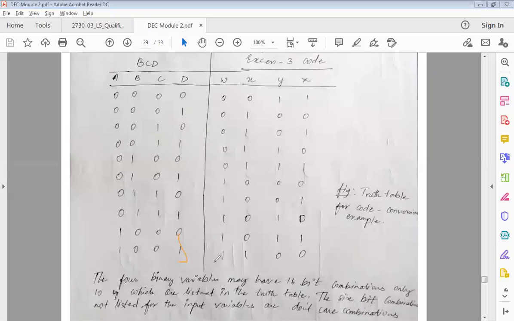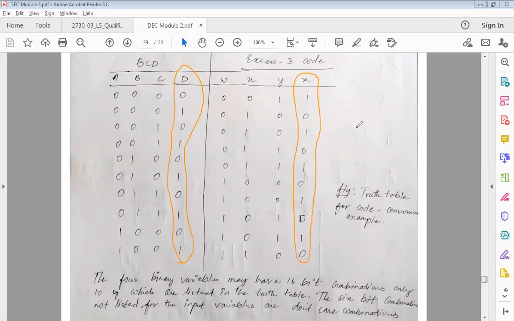Now I want you to concentrate on only this D, and I want you to concentrate on Z. So basically, what is a truth table? A truth table is nothing but giving a relationship between input and output, right? So what equation we got? Z is equal to D bar.